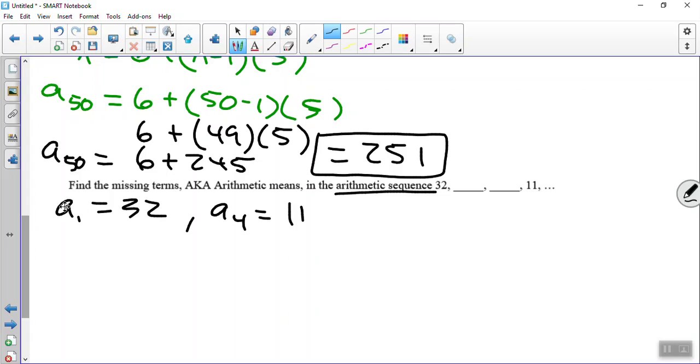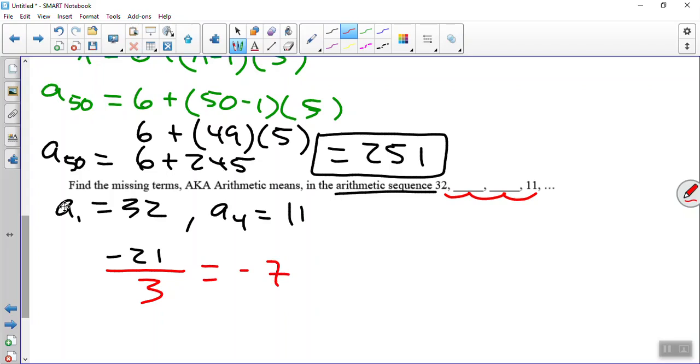So between the first and fourth term, it's gone down by 21. How many times did I go down? It went down once, twice, 3 times. So it went down by 21 total, 3 times. So each time I would just find negative 21 divided by 3.